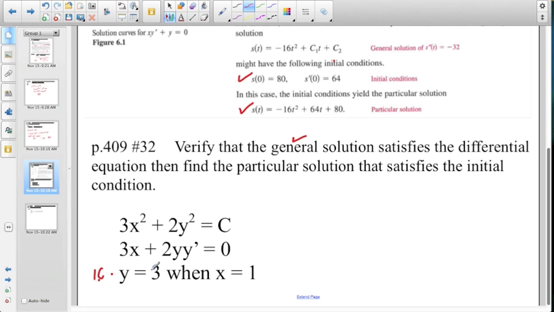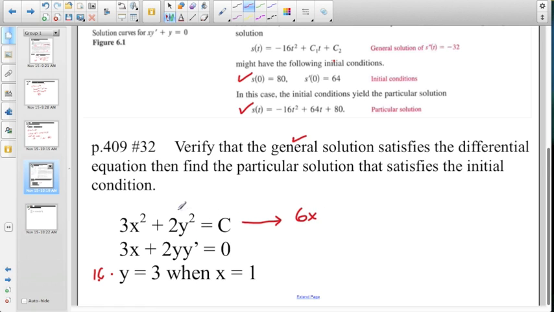So if we take a look at the general solution here, that's this. That general solution has that constant of integration. And we take the derivative with respect to x of that general solution. Taking the derivative of 3x squared gets us 6x.